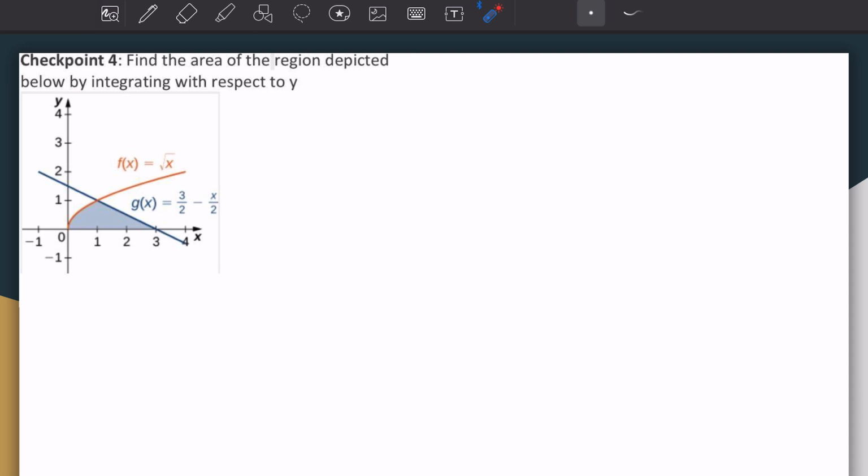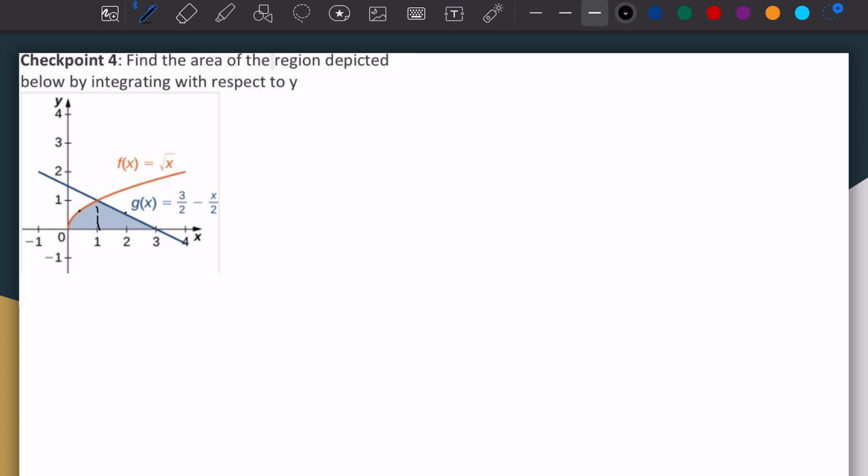So cutting back to the original problem we actually just did, we can go ahead and see that it makes it quite a lot easier when we do it. Since now, instead of having to split the area and having to do the different integrals, we just do what's on the right minus what's on the left.